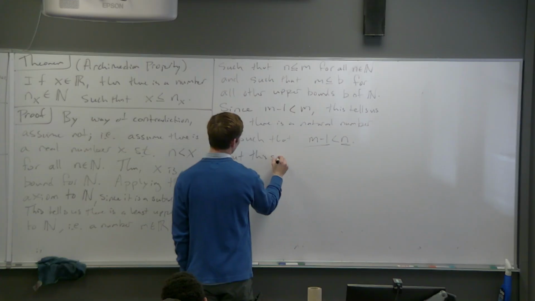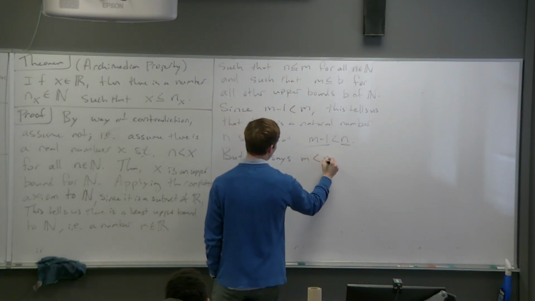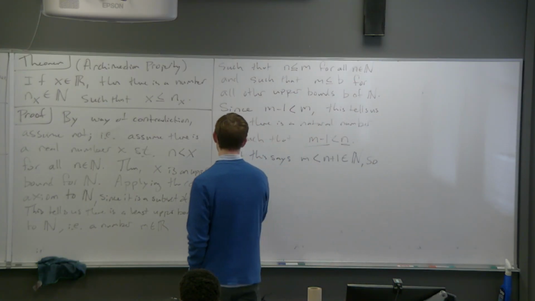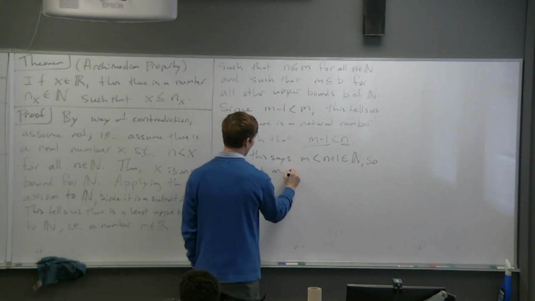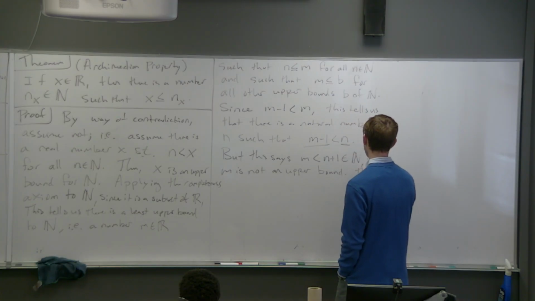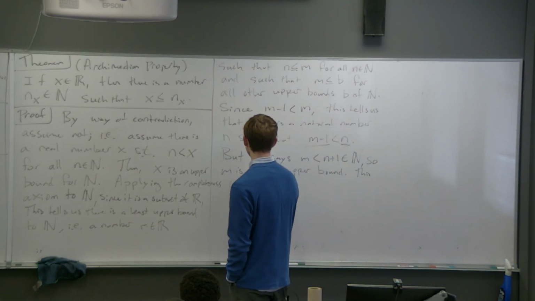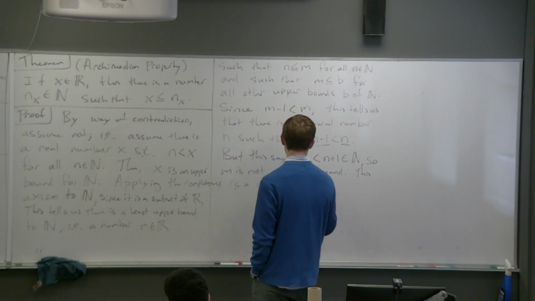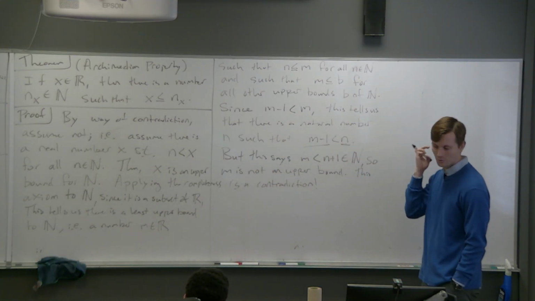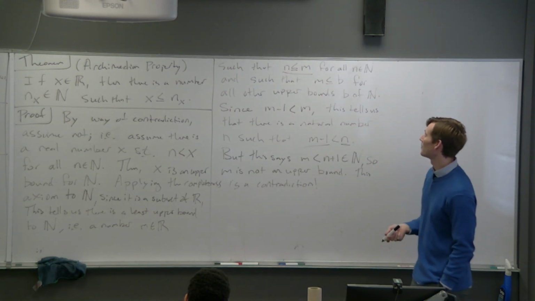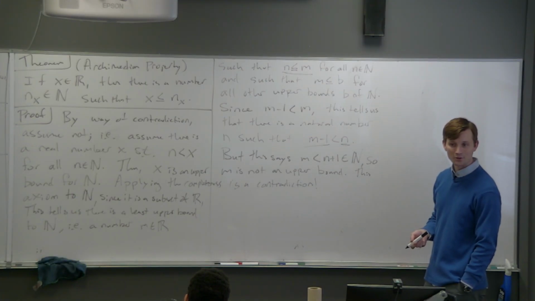But this says m is less than n plus 1, which notice is in the naturals, so m is not an upper bound. This is a contradiction. Do you agree with that? We assumed that m was an upper bound, a number such that n is less than or equal to m for all n in the naturals.